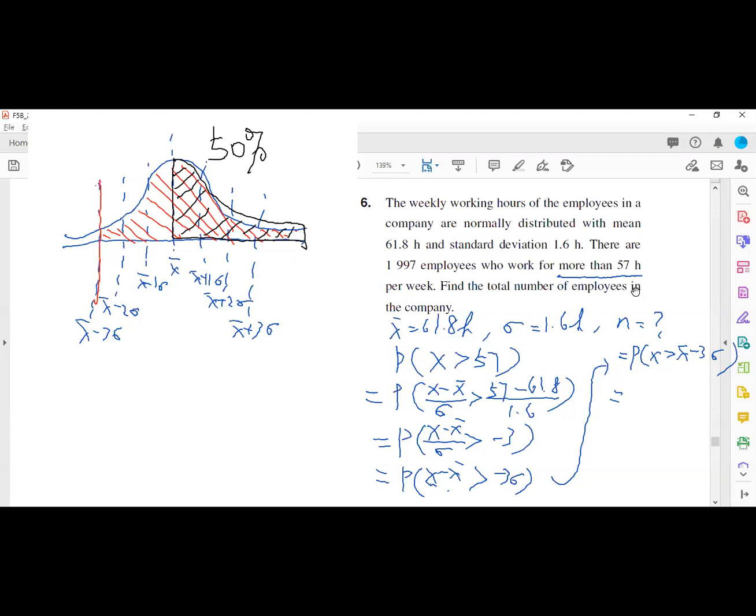Okay, and then for the other part, the purple part, we need to use the three numbers. 1 sigma is 68%, 2 sigma is 95%, and 3 sigma is 99.7%. And now we will be using the 99.7%, but half of that. So this purple region will be half of 99.7%.